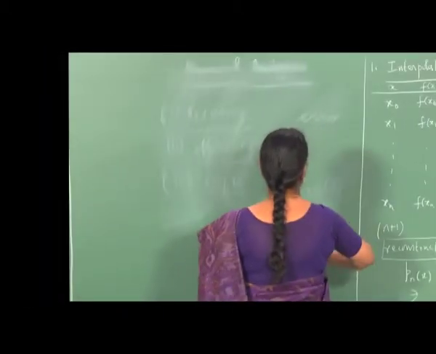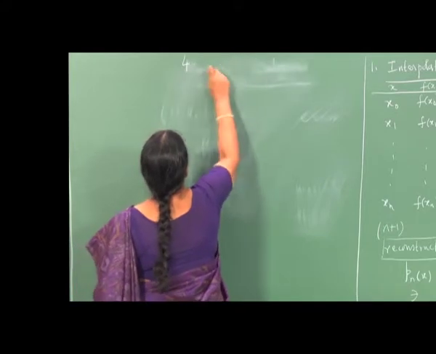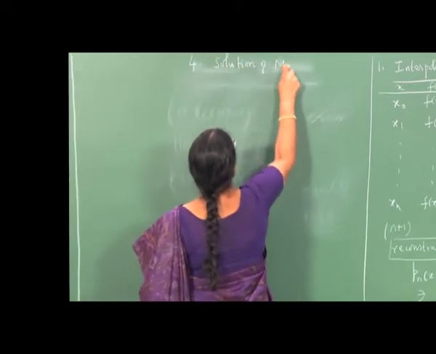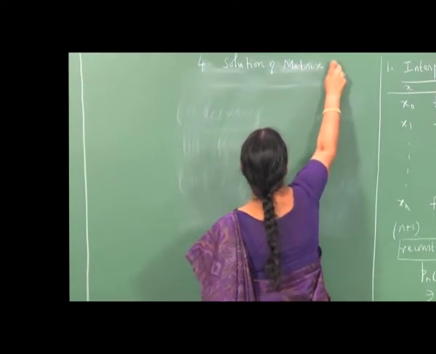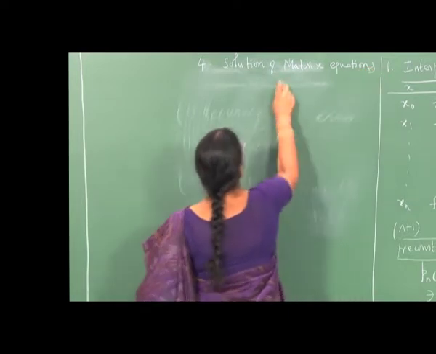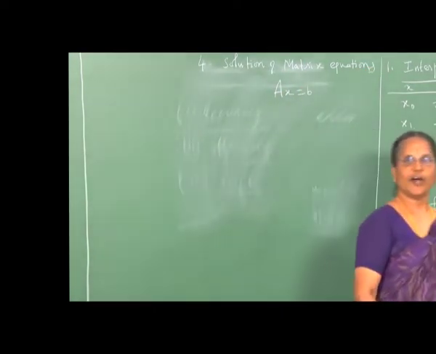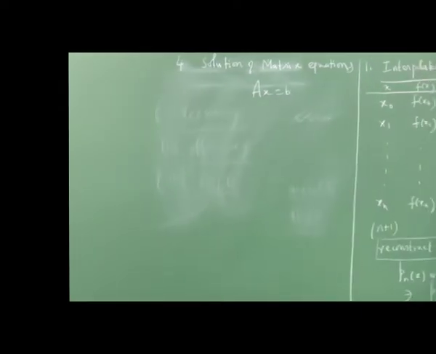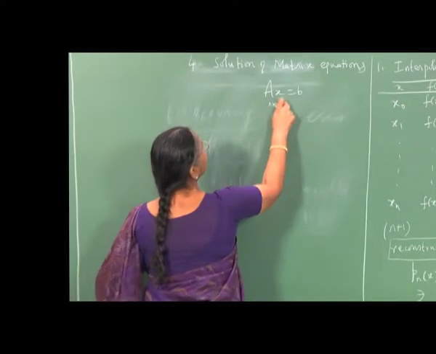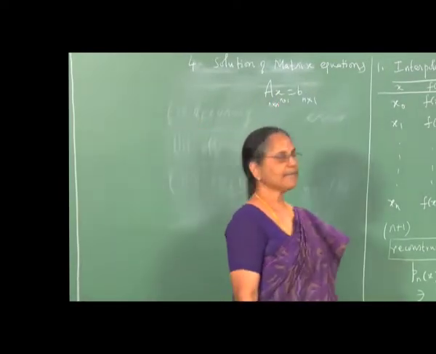We will also focus our attention on the solution of matrix equations of the form Ax is equal to b. So, just recall how you solve this equation Ax is equal to b, say where A is an n cross n matrix and x is an n cross 1 vector and b is an n cross 1 vector.